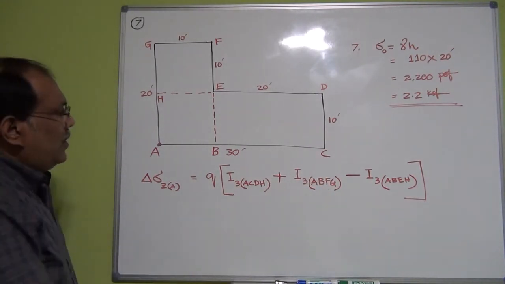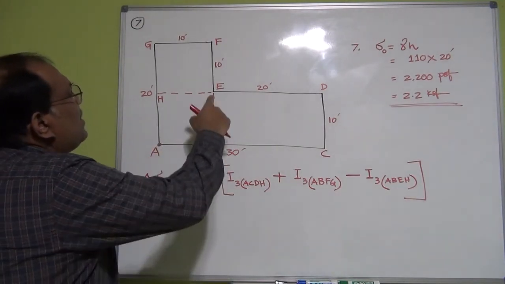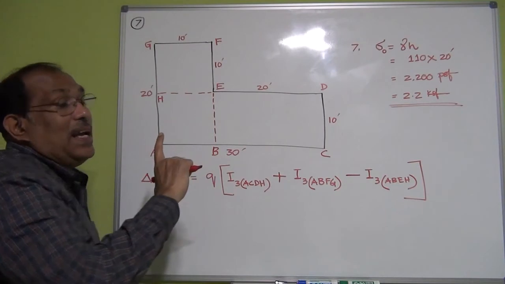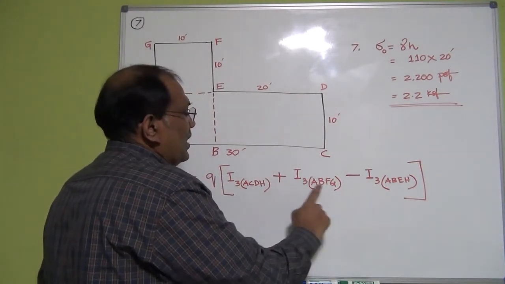Now I3 is a function of length, width, as well as z. So let's see for each of those rectangles what my I3 would be.